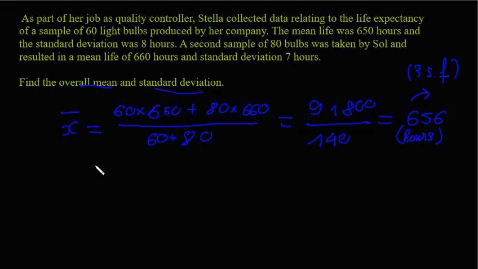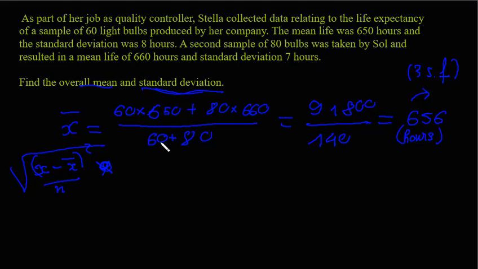Next we'll find the standard deviation. From here, we do not have the raw data, so we cannot use the original formula. It's really hard, so we will use the alternative form of the standard deviation.